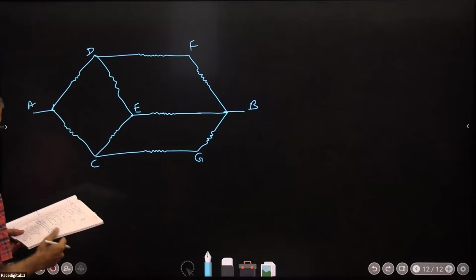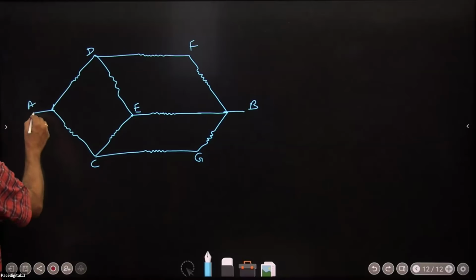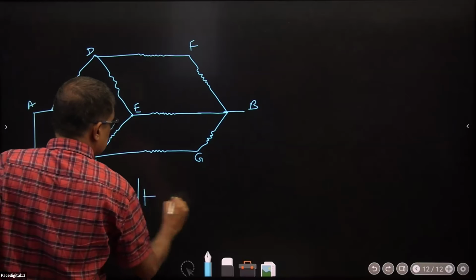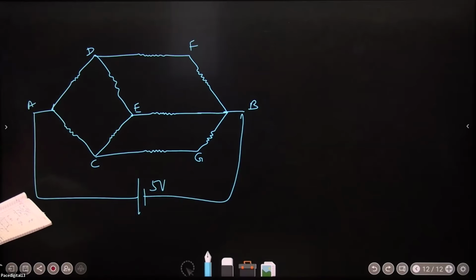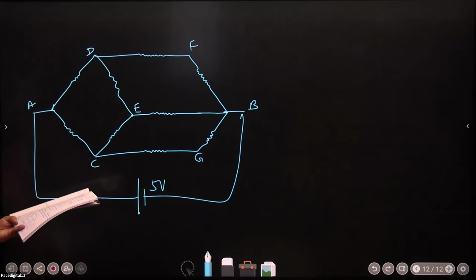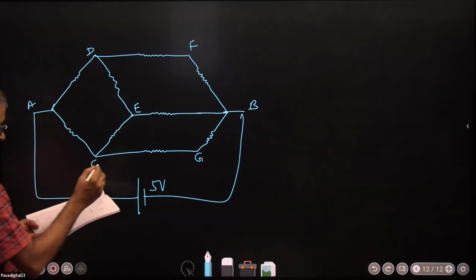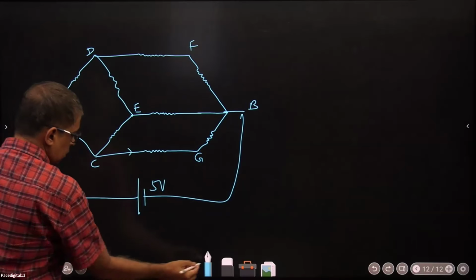All resistances are identical. When a 5-volt supply is connected across AB, the current in the branch CG is 3 milliamperes.